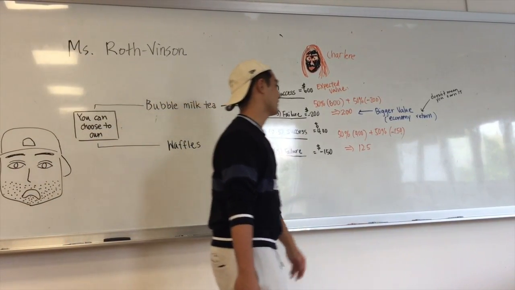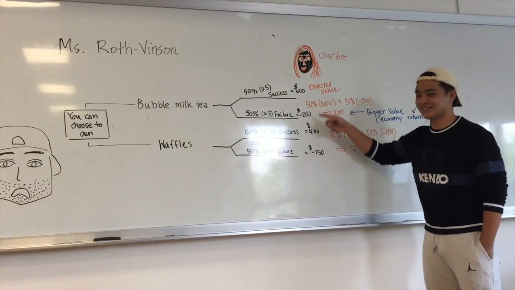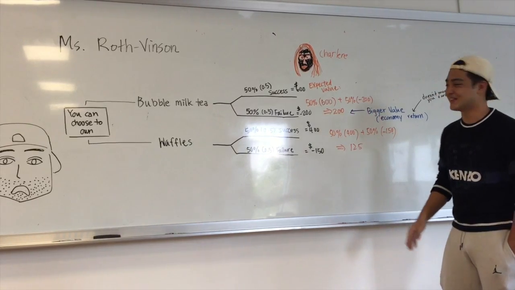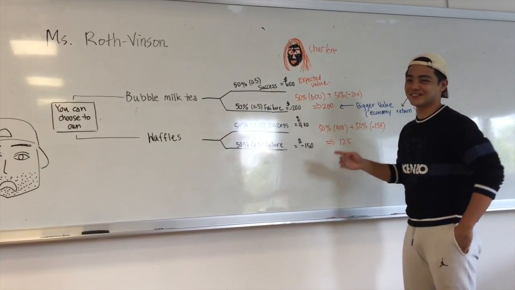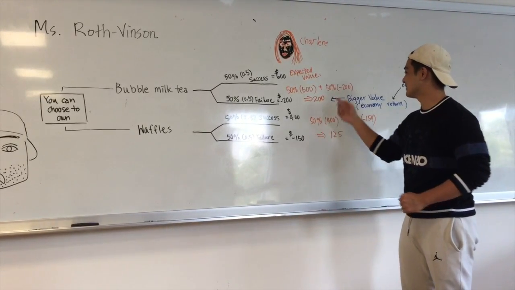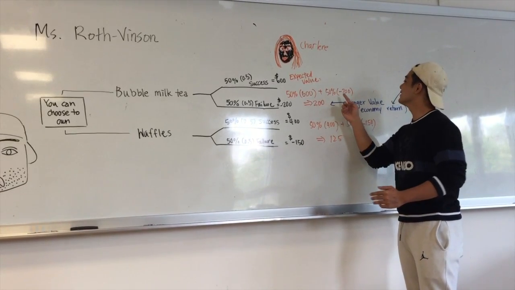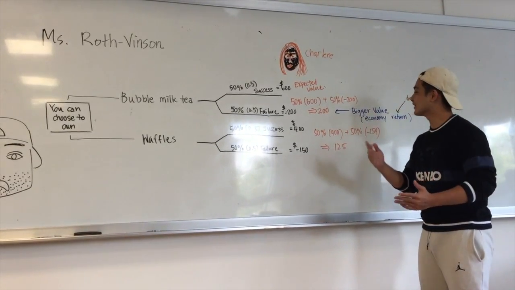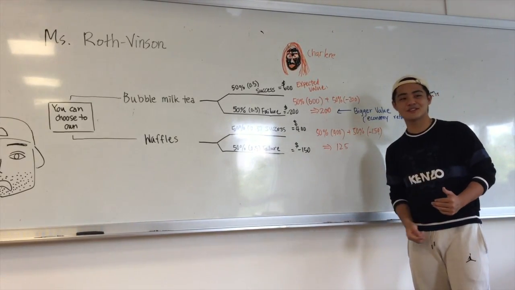So you can add this together and do your calculation. For bubble milk tea, it's 600 times 50% for success, plus 50% times negative 200 for failure, so you'll get 200.